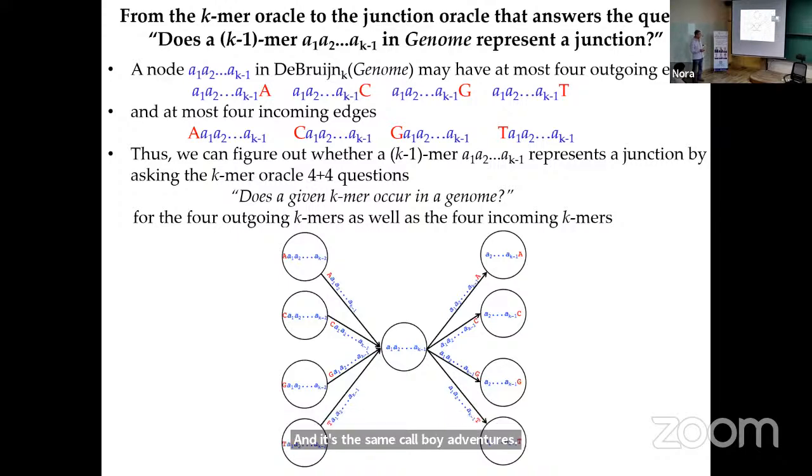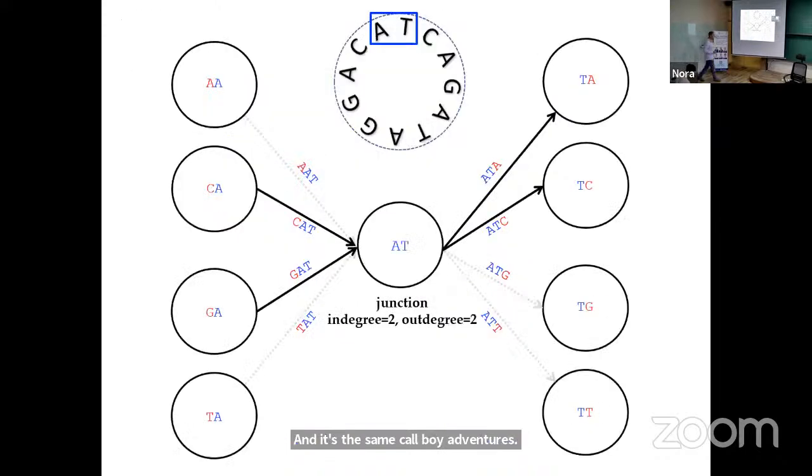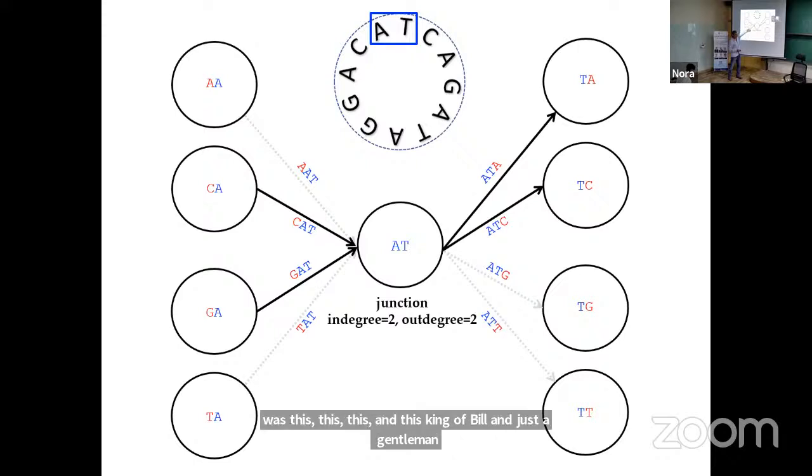Right? For example, here, we ask the k-mer oracle whether this and this k-mer belong to the genome. We get 2 answers yes, we know that in-degree equals 2.